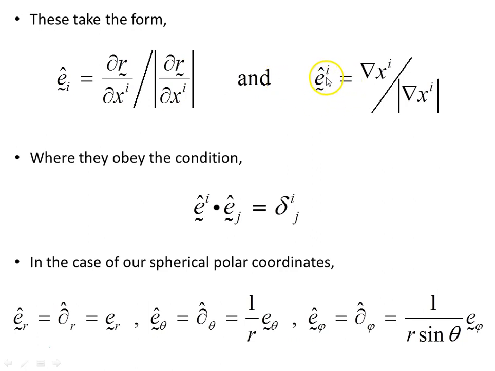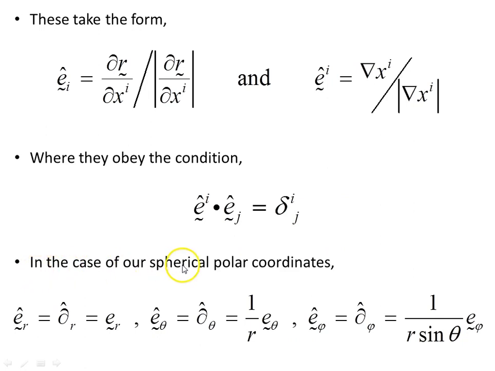And for the 1-forms, E superscript i, contravariant i, is dxi over the modulus of dxi. Where they obey the condition ei dot ej, they follow the Kronecker delta, delta ij. So they're orthogonal to each other, but they're also of unit length.